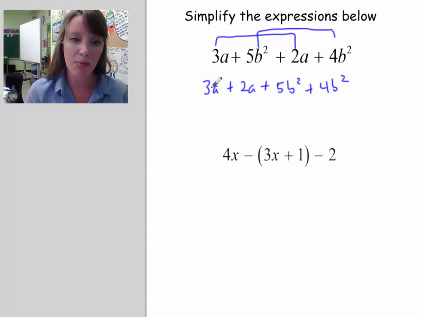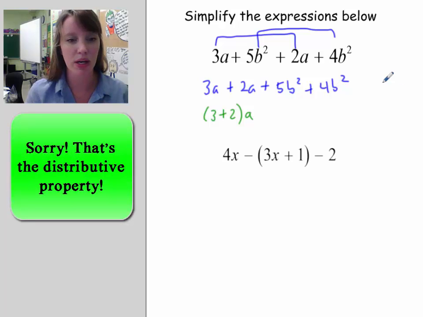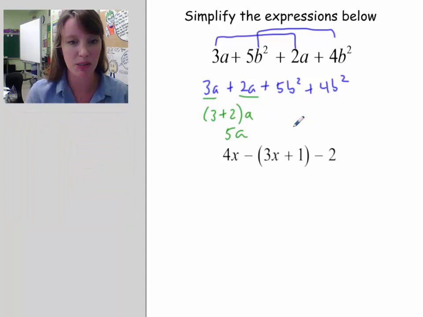And the associative property says, well, if I have a number here and a variable here, and I have two coefficients multiplied by the same variable, then I can add the coefficients and keep that variable the same. Okay, so I have 3 of these things, I have 2 of these things, I have 5 of these things, which just happen to be a's.